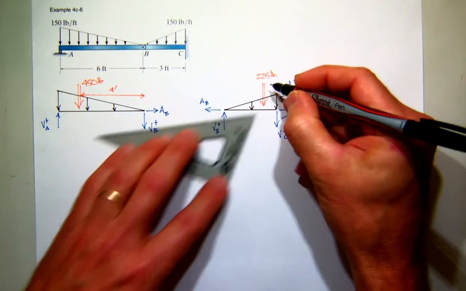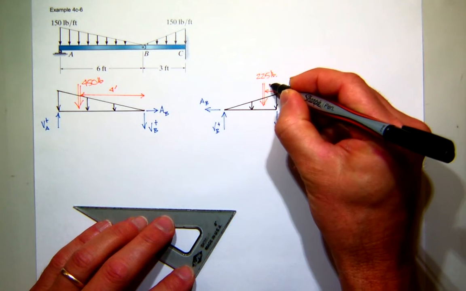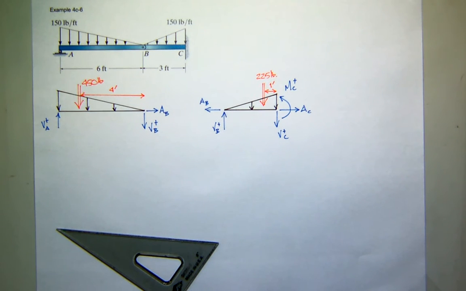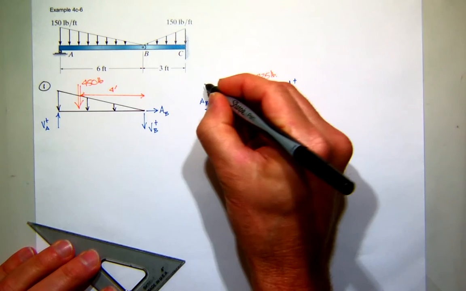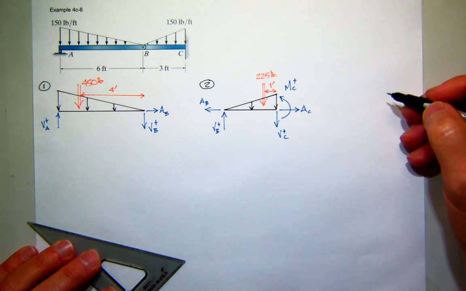And from the cut, from this area, it'd be 1/3 the distance. That's 1 foot. So there's my pieces, and I can do my statics. Let me just call this free body 1, free body 2, and I'll come over on this side and do the statics.